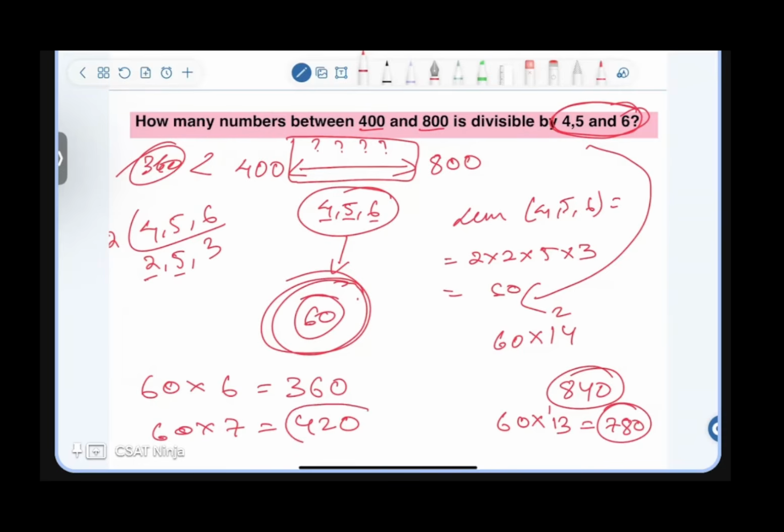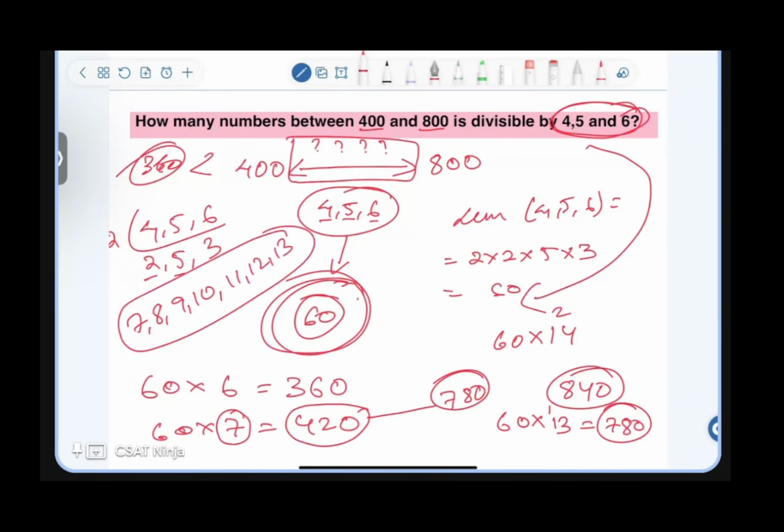Our lower limit here is 420, and it will go on till 780. But remember, 6 times how much is 420? 7 times. So 7 times, 8 times, 9 times, 10 times, 11 times, 12 times, and till 13 times will be your answer here, because 60 times 13 is 780.